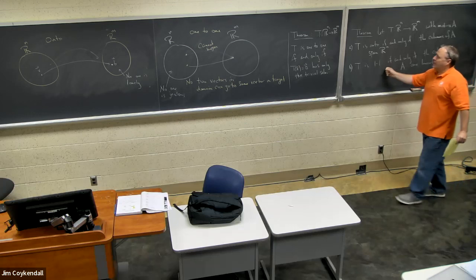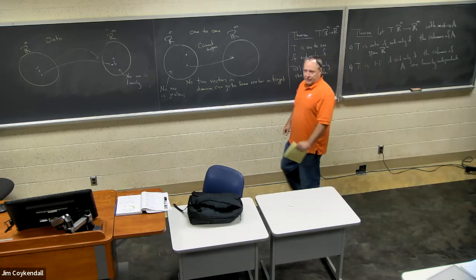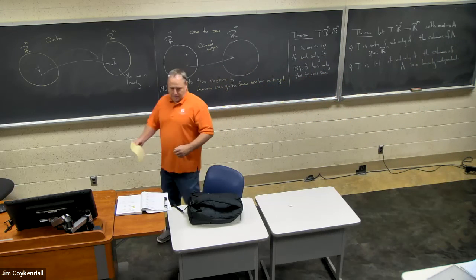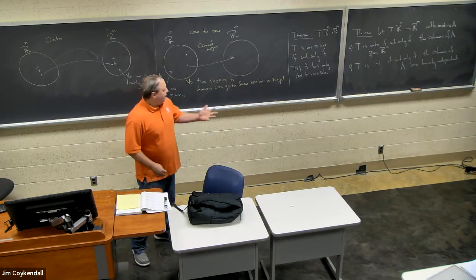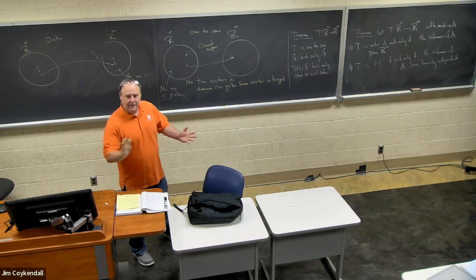And this uses the previous thing about the trivial solution. So if the columns are linearly independent, then it's one-to-one, and conversely.